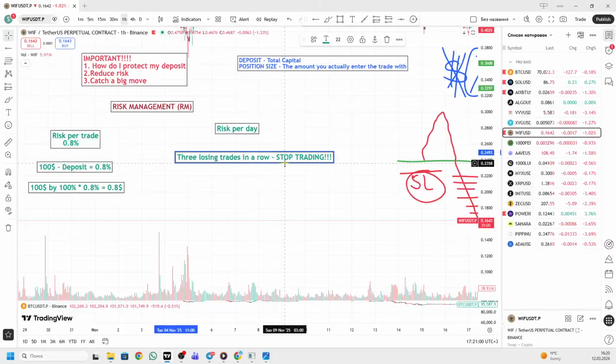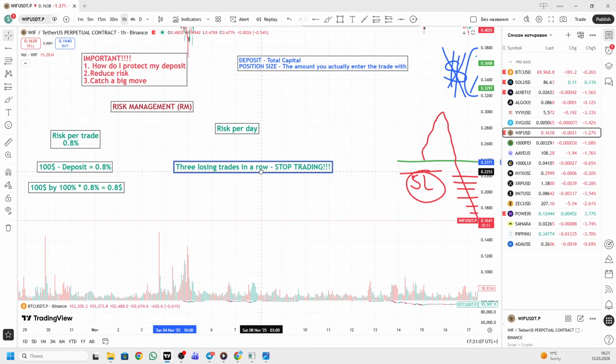We don't trade anymore. We close the computer and go for a walk, for example. Okay, remember this. It's also an important rule. Even if you stopped a bit earlier, clicked something, didn't reach the full daily loss limit, still stop the trading. You will see this in your trader diary.